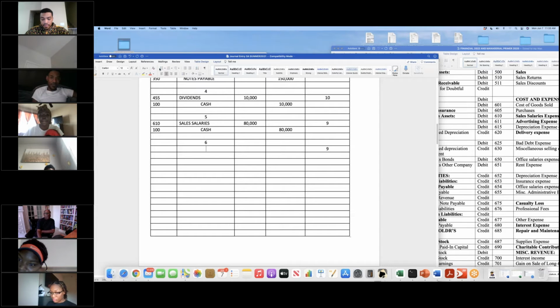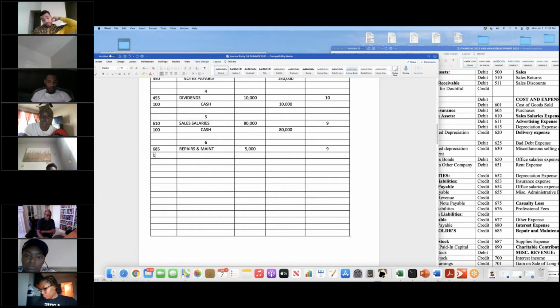Repairs and maintenance. What's the account number? 685. And what's the amount? 5,000. And what are we going to credit? Cash, account number 100.